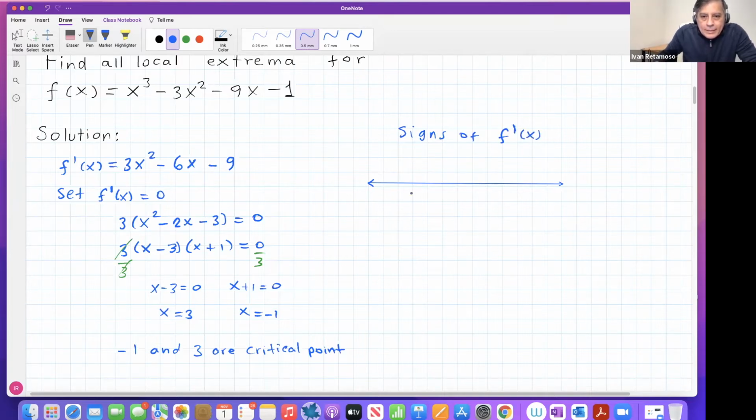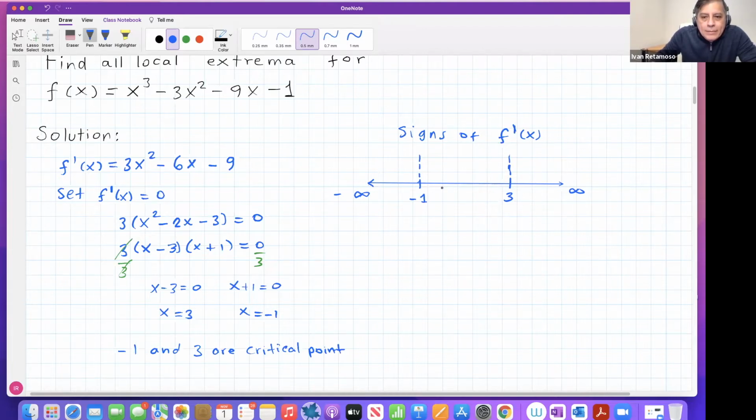So the critical points are in order, right? -1 is somewhere on the left of 0, and then 3. Set them somewhere there, 3 here, right? Now, these critical points, when you put them on the number line, right here, -infinity, here infinity, they are going to separate or partition your number line, right, into sub-intervals, right?